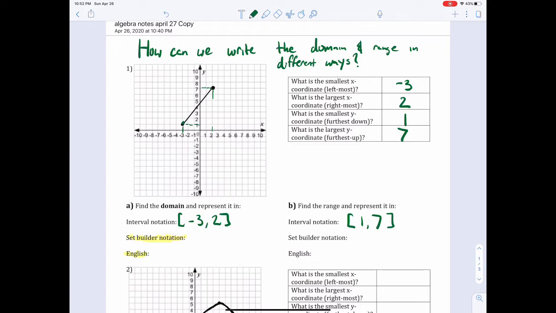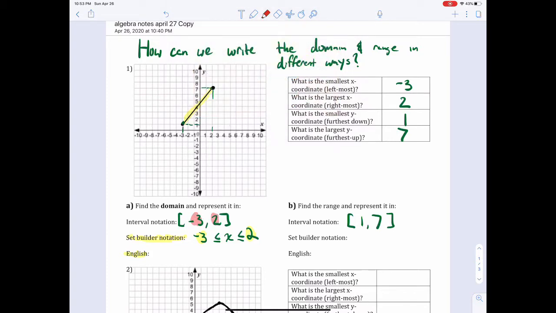Basically, we're saying that the x values are all of them between -3 and 2. So what we can do is just do -3 less than or equal to x less than or equal to 2. So x is between these two numbers. And that's precisely the numbers that you see right there.